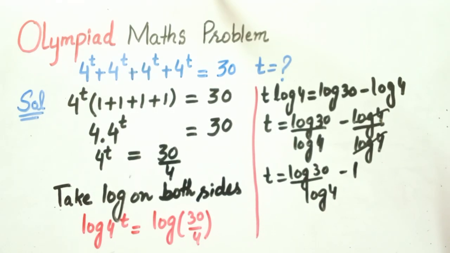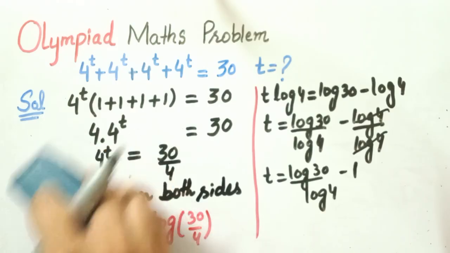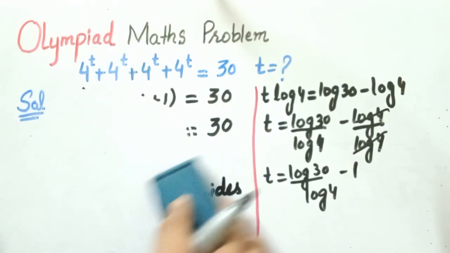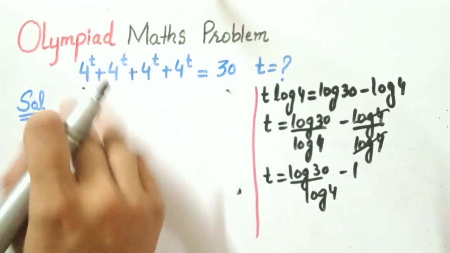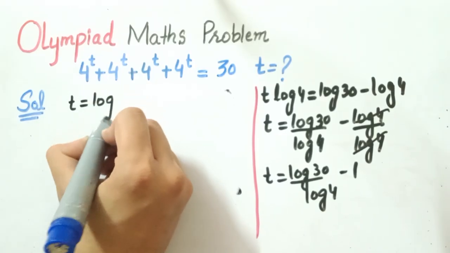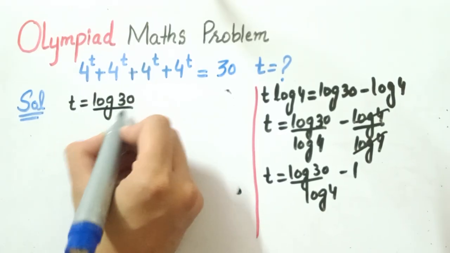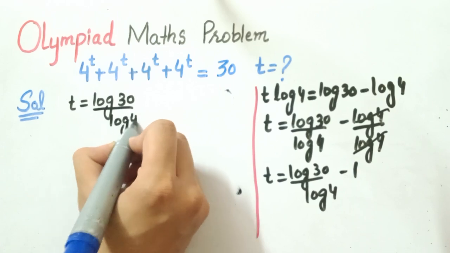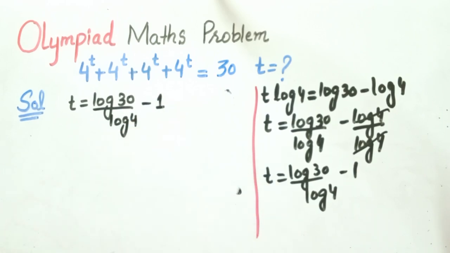Now we will solve this by taking the LCM and write this here that t equals log of 30 divided by log of 4 minus 1.